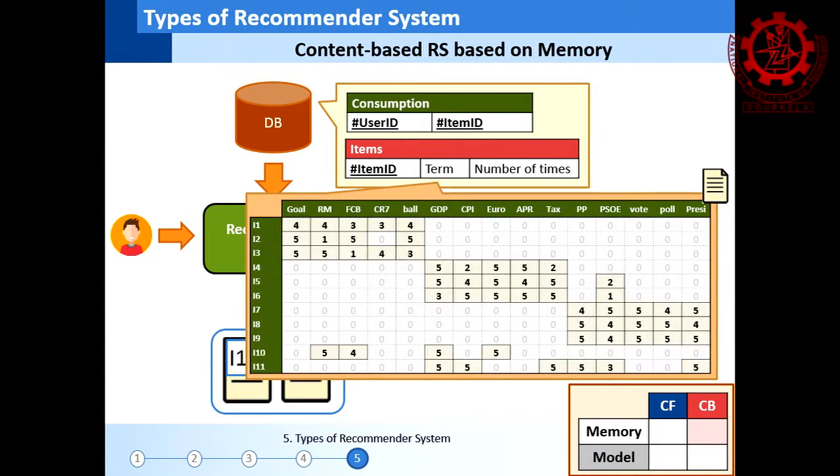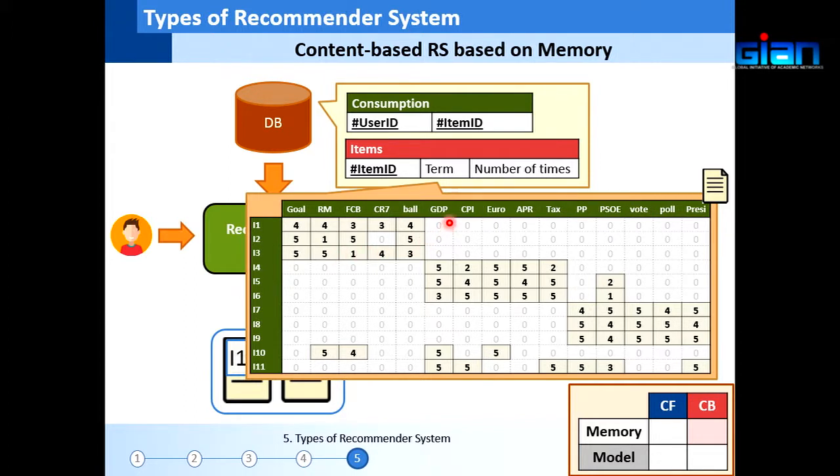So we have now another table that is different from the previous tables. Now there are items in the rows of the table, and we have terms in the columns of the table. And in each row, you can see the number of times that this term, this keyword, has appeared in this item.